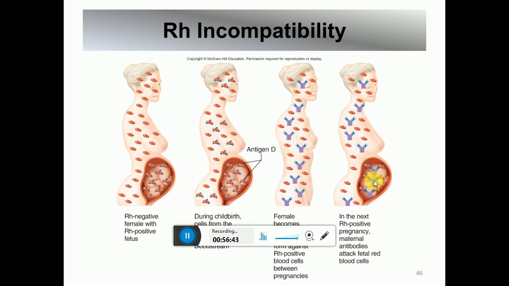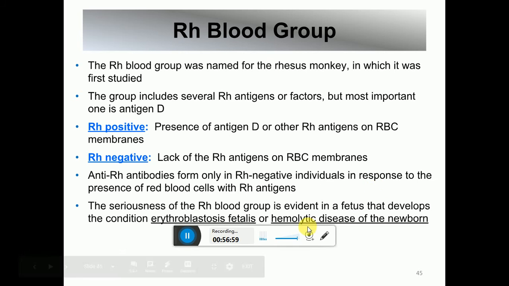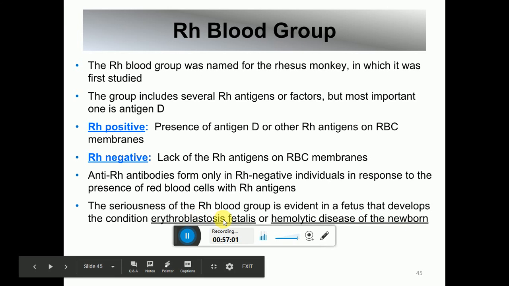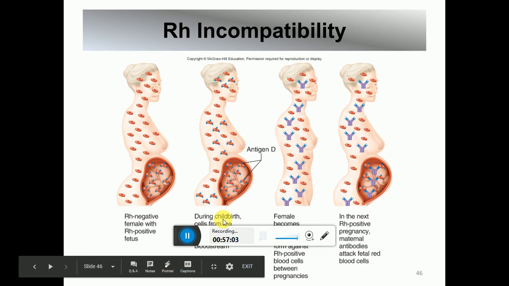They will attack the RBCs of the fetus, leading to the destruction of the fetal red blood cells. We can imagine that is a dangerous condition for the baby, and that again is the neonatal disease known as the hemolytic disease of the newborn, or erythroblastosis fetalis.